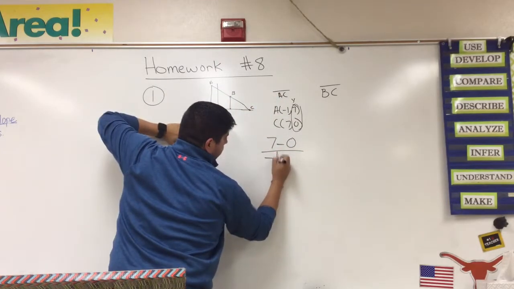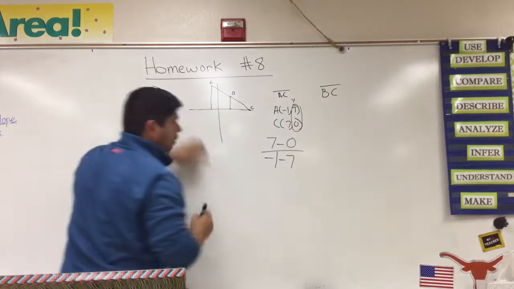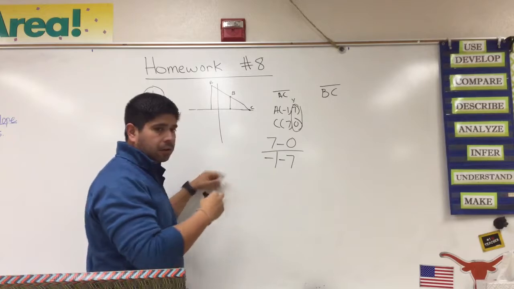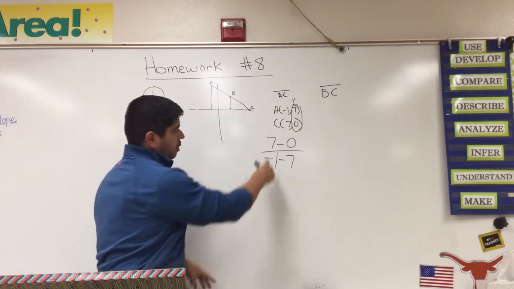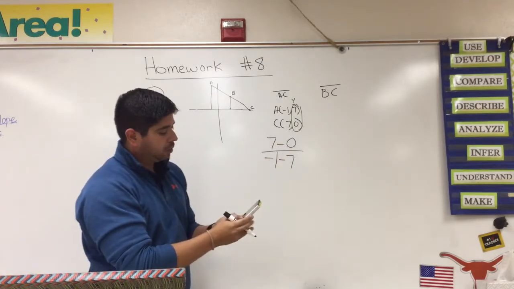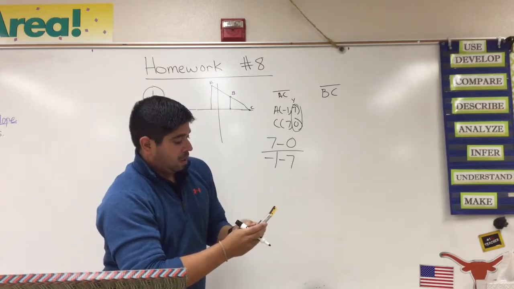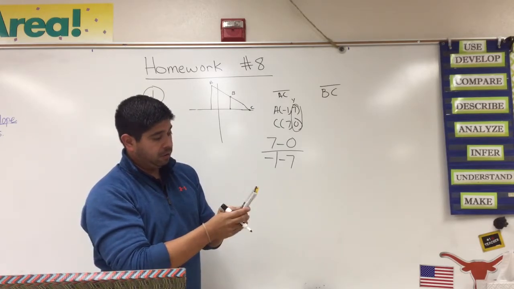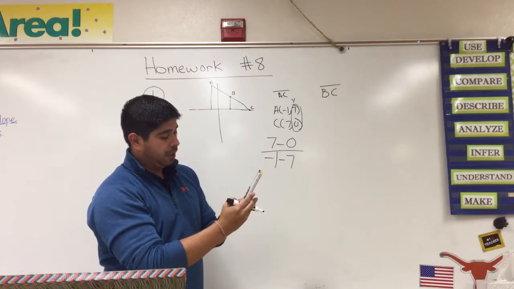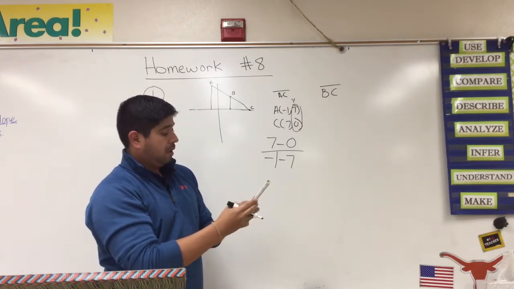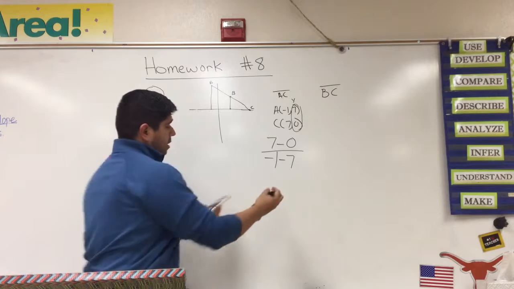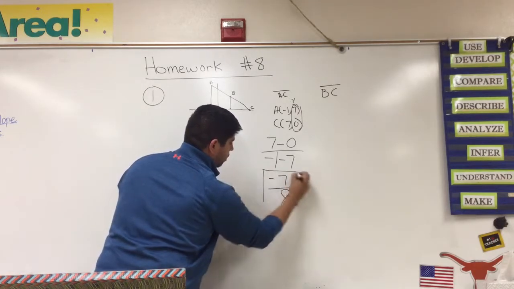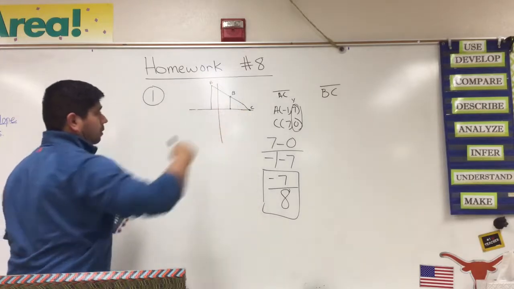Remember you can put this in your calculator, do control divide, make your fraction bars, put the whole thing in, which is what I'm gonna do. Control divide, on top I got 7 minus 0, then on bottom, -1 minus 7. Okay, you get -7 over 8 is the slope for this big triangle.